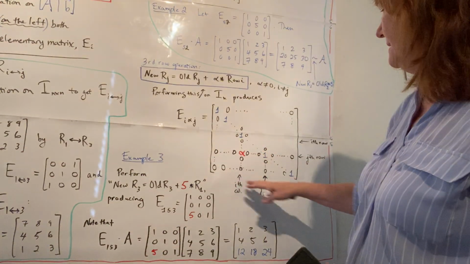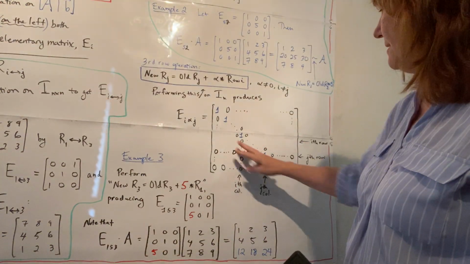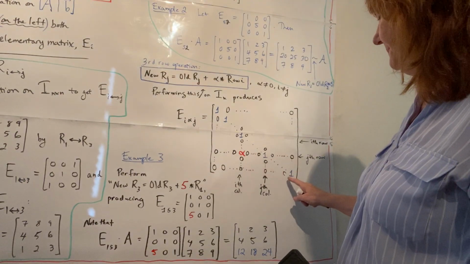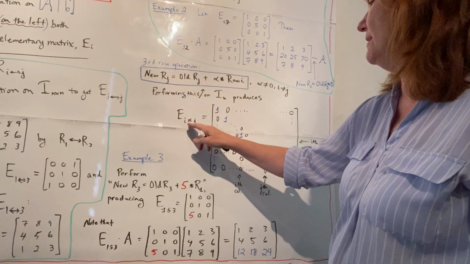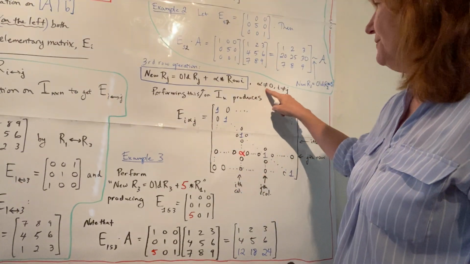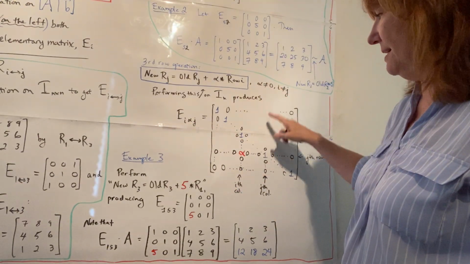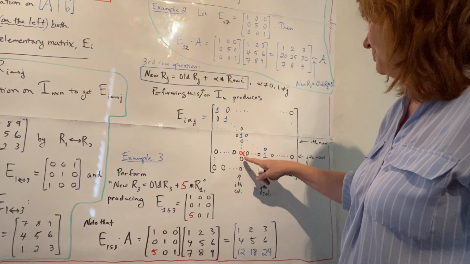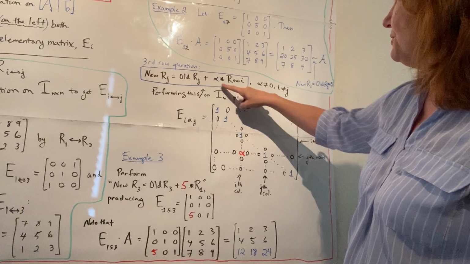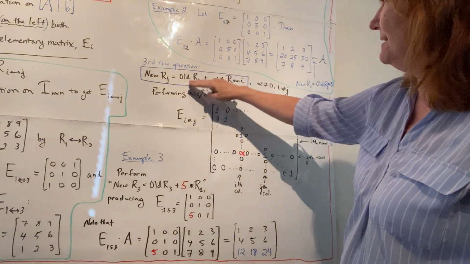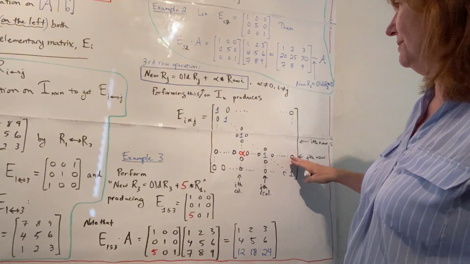So if this was the identity matrix, it would just have zeros everywhere except for ones on the diagonal, right? But the elementary matrix E_i alpha j, for alpha non-zero and i not equal to j, will produce this, because we took the ith row and multiplied it by alpha and added that to row j.